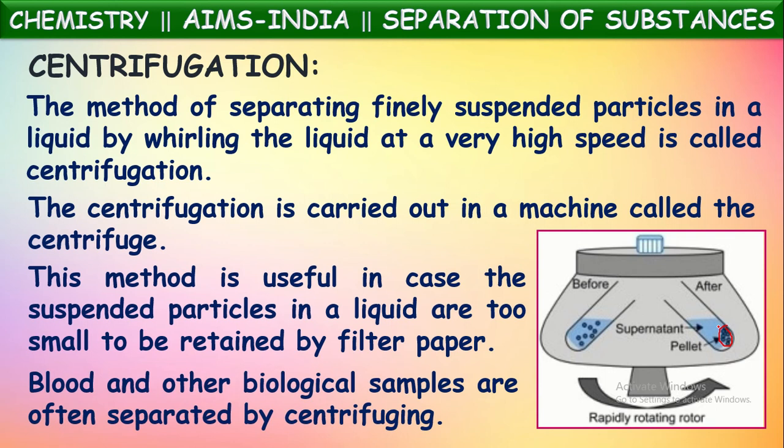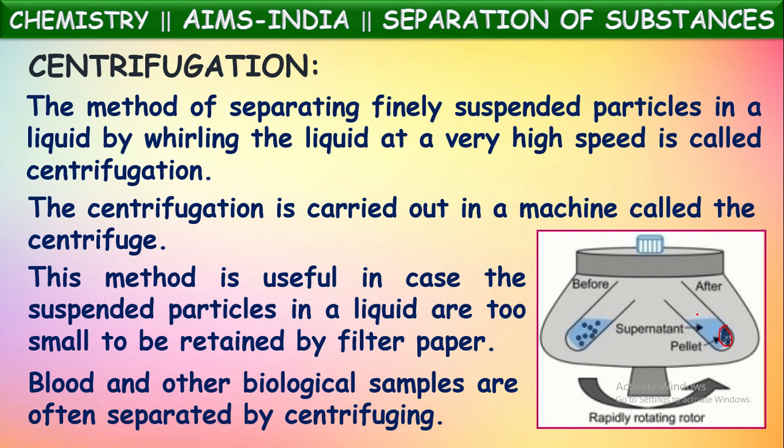Blood and other biological samples, and even milk, are often separated by using centrifuging. The fat particles present in the milk and the different particles present in the blood will all be separated by using these centrifuges. They take some quantity of milk into these test tubes and keep them in the centrifuge.